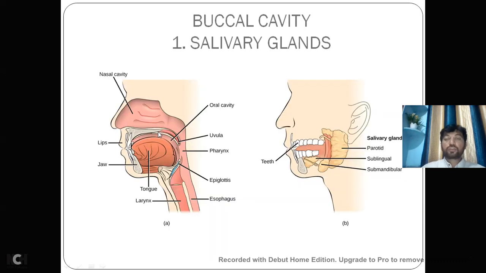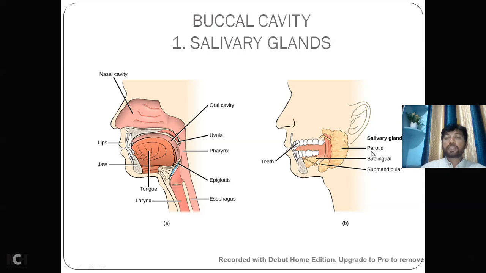Now, when it comes to the tongue, let us understand the function of the tongue. The tongue helps in the mixing of food with the saliva which is secreted by the salivary glands. Okay. Then the function of salivary glands. Let us understand what salivary glands are present in our buccal cavity.